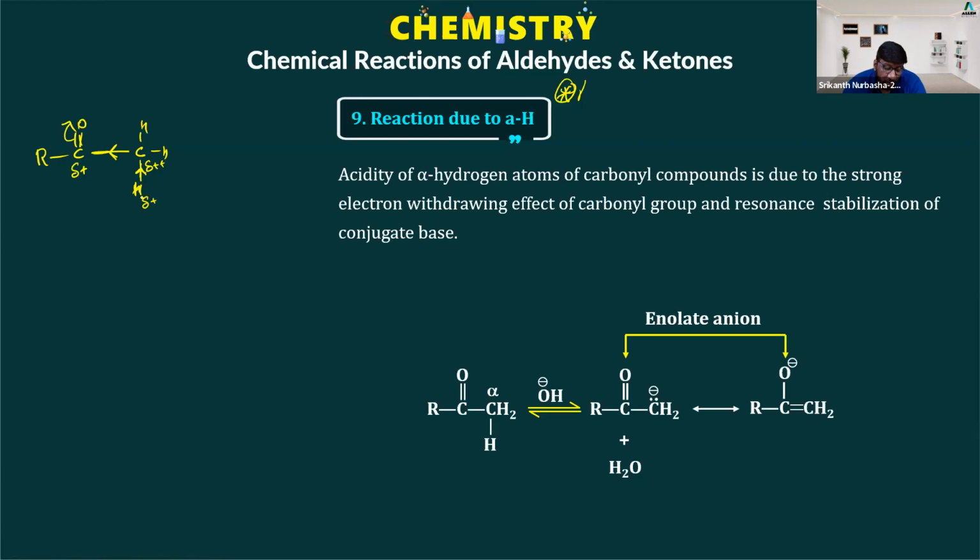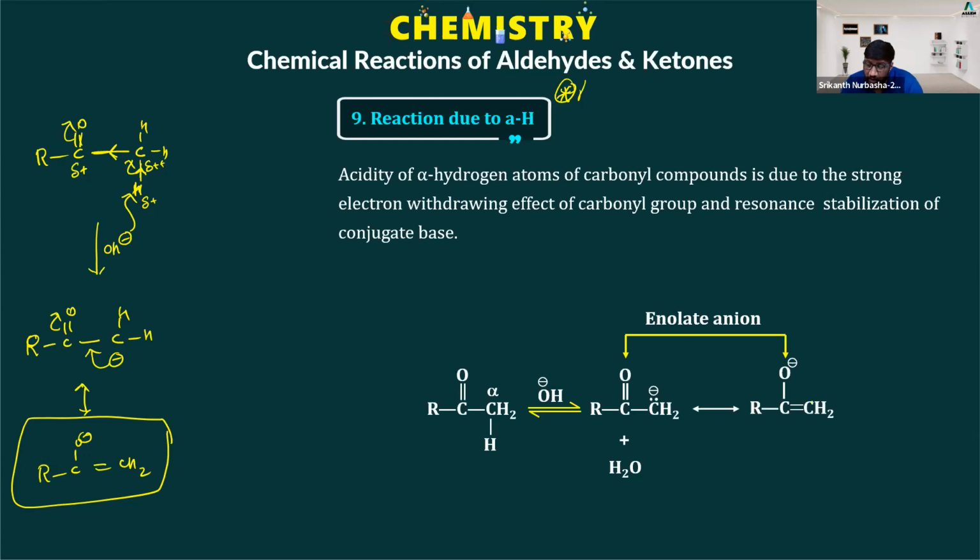Because of the partial positive charge developed greatly on the hydrogen, whenever you treat this with the base, OH minus picks up the proton, and the CH electron density is given to carbon. You generate R C double bond O CH2 minus. This negative charge on the carbon is in resonance with the pi electron density of C double bond O, forming R C minus O double bond CH2.